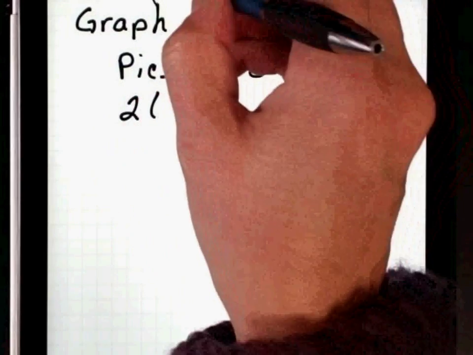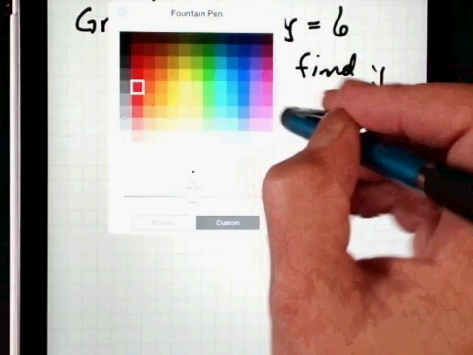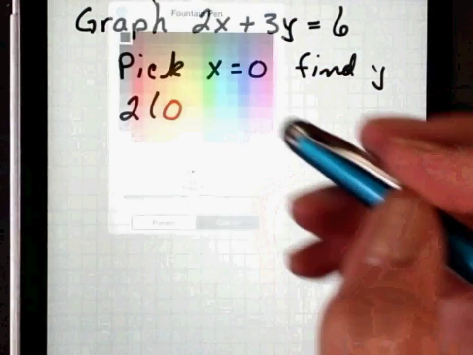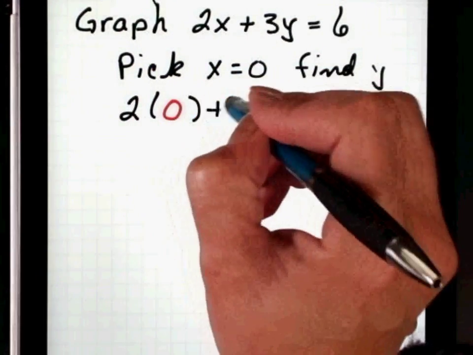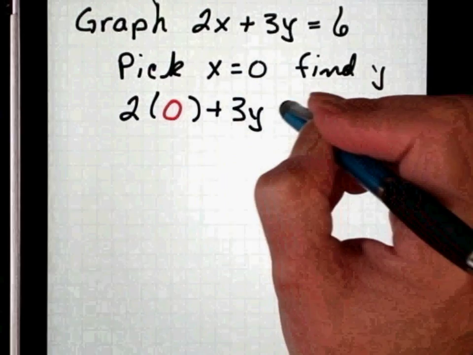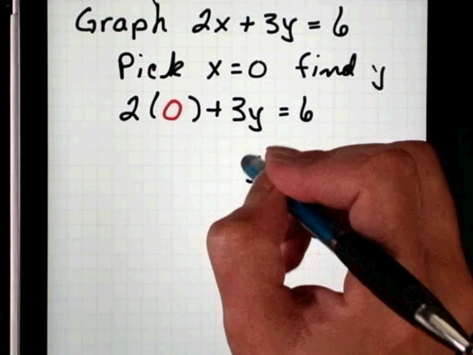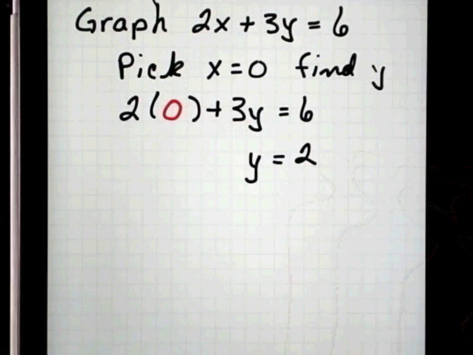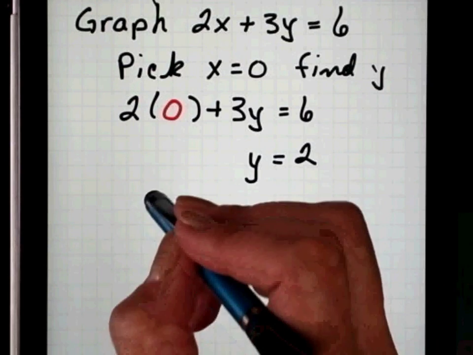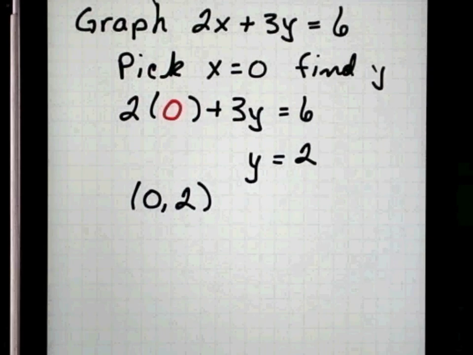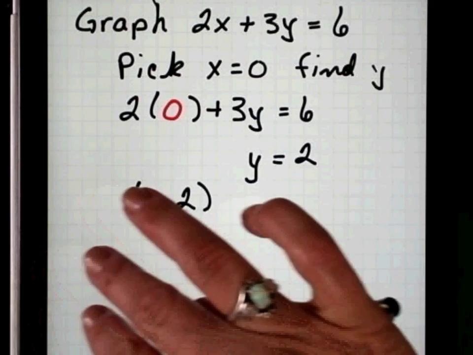We've got 2 times x, but we've said that x is 0, so I'm going to put 0 in where my x is: 2(0) + 3y = 6. If we solve that for y, we get y = 2. What that means is that the point (0, 2) is a point on my line.